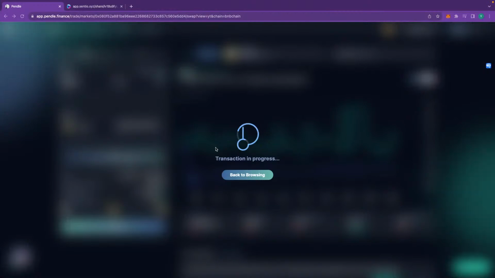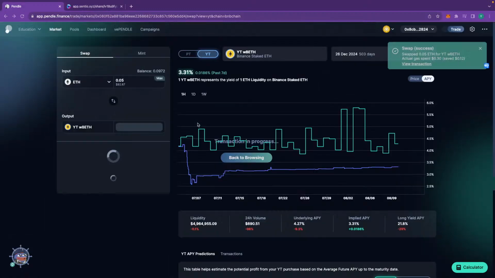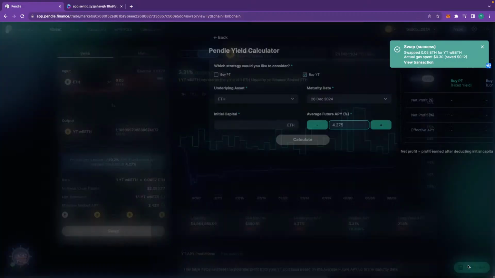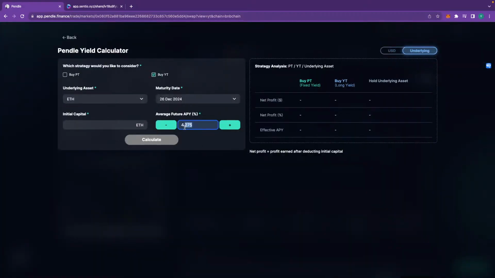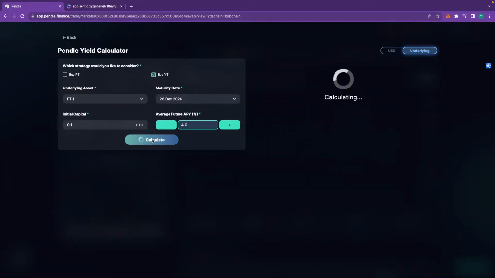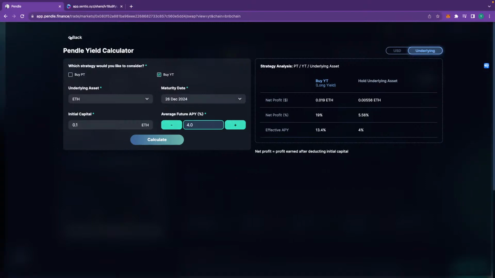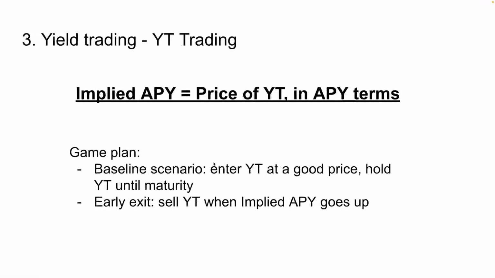That would be the baseline scenario. I would just be holding this amount of YT, and I will just collect yield over time. And if my prediction is right, like say my prediction is APY is going to stay at least 4.0%, I will still be getting at least 13.4% on my YT trade. So that is my baseline scenario.